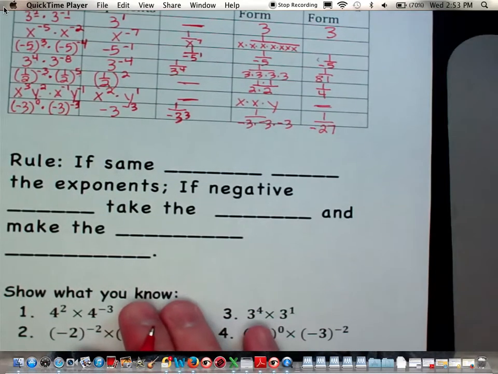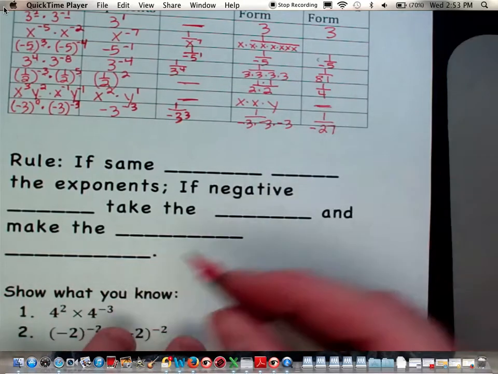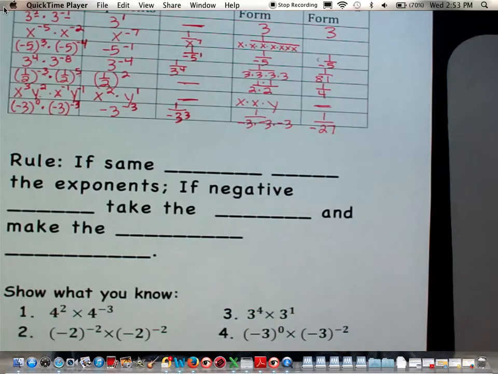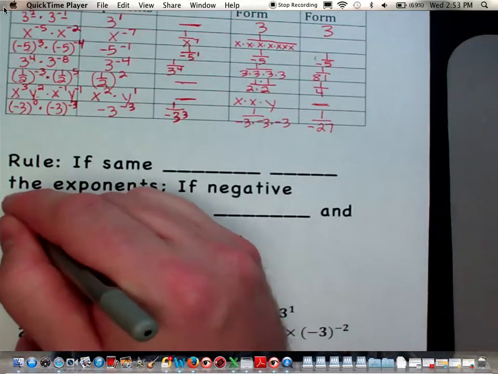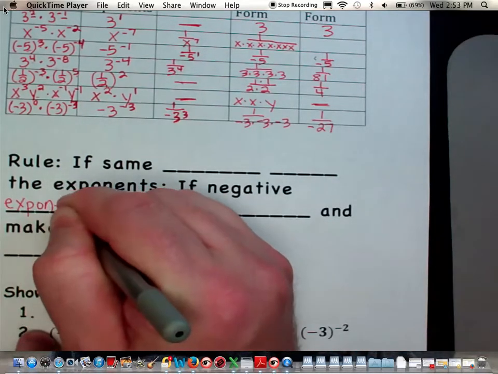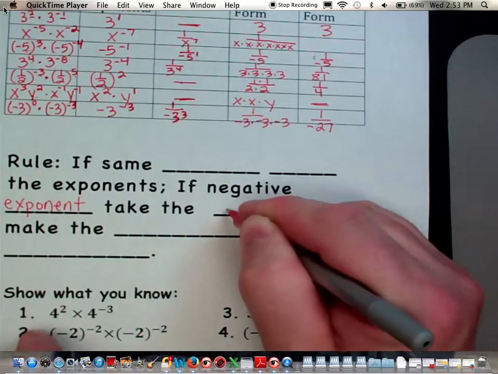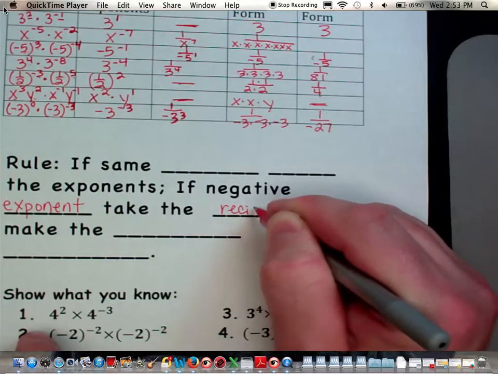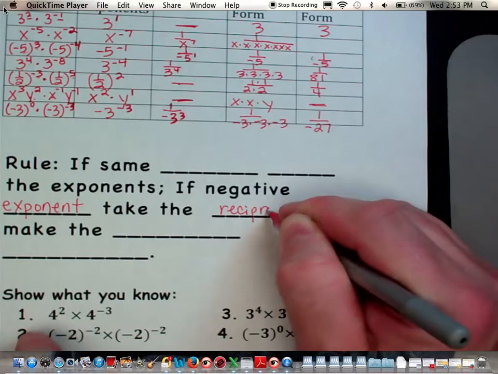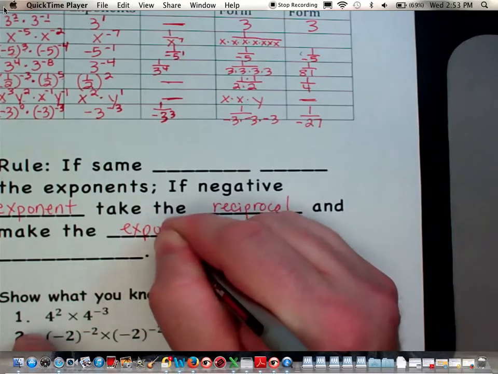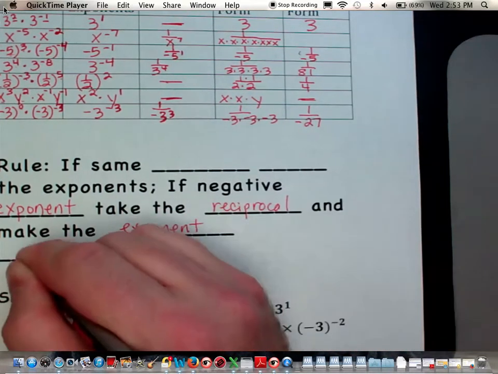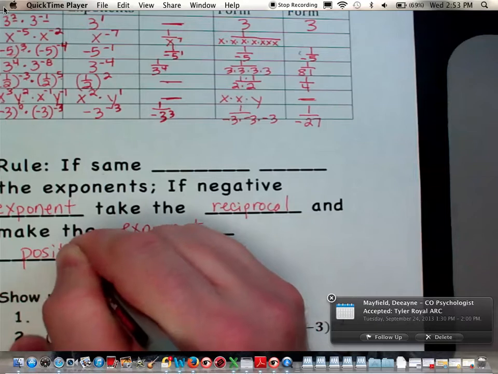It says if negative exponent, take the reciprocal, and make the exponent positive.